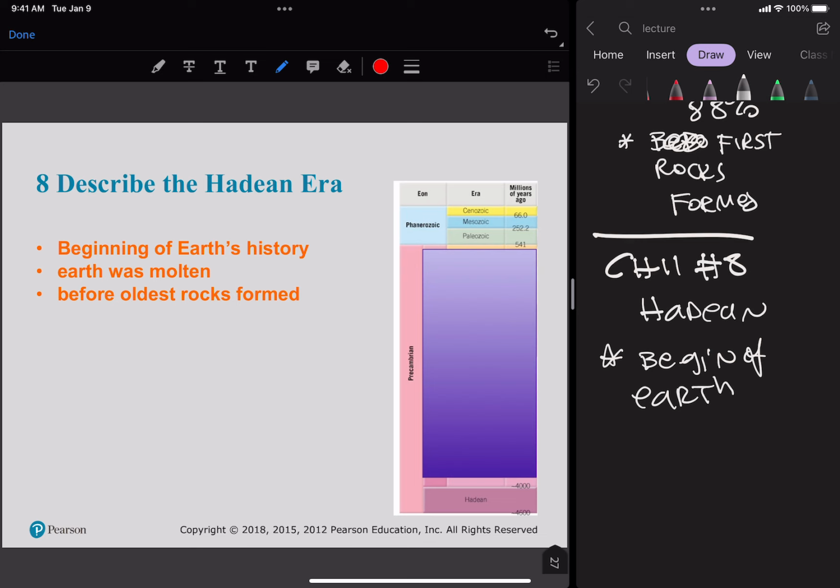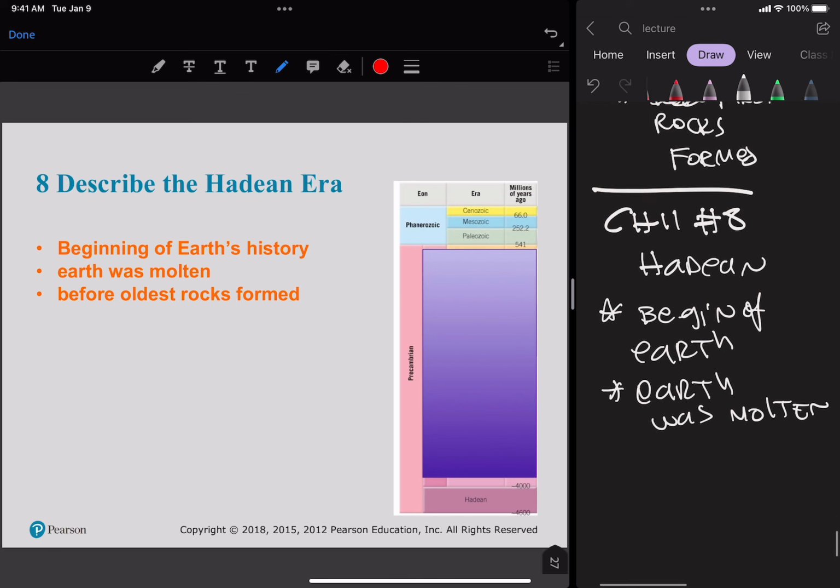And this is before there were rocks, when the Earth was molten, before the first rocks. Okay, so this completes the review for chapter 11.